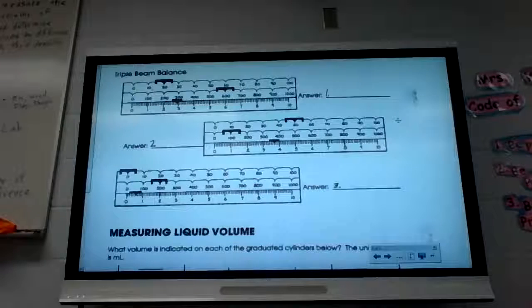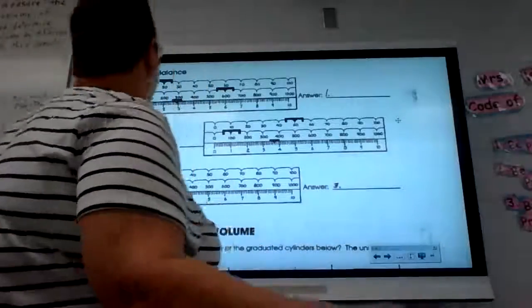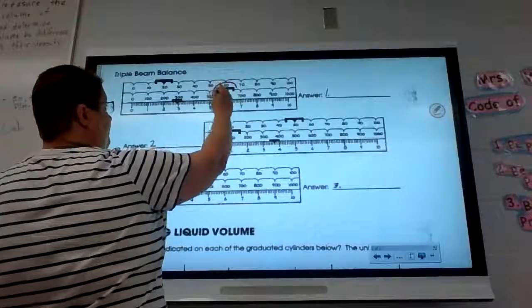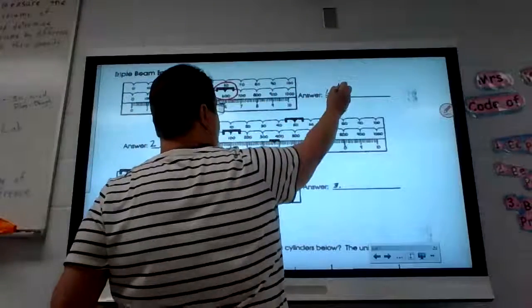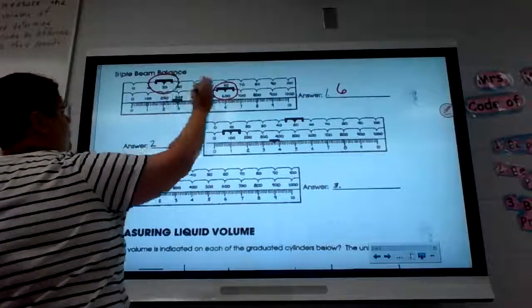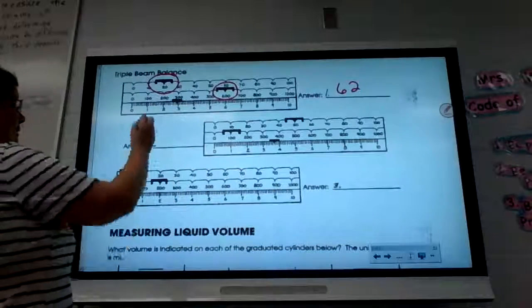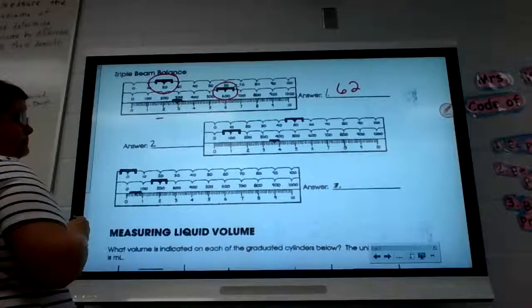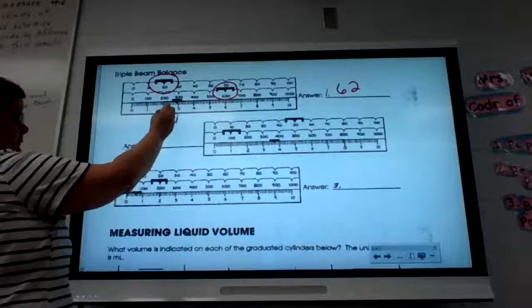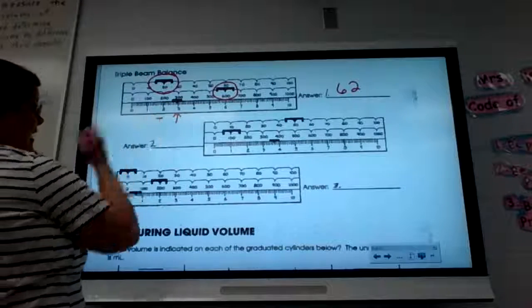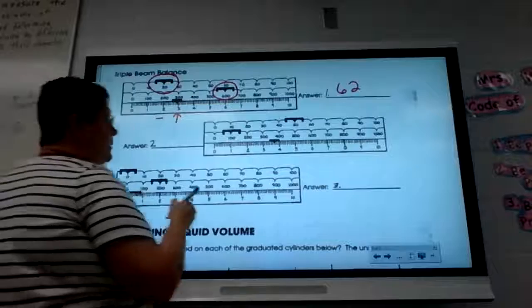All right, so when you look at this, the middle one is pointing at what? 600. The top one is pointing at 20. Now, what is that pointing at? That's at what? Definitely past the 2. Okay.